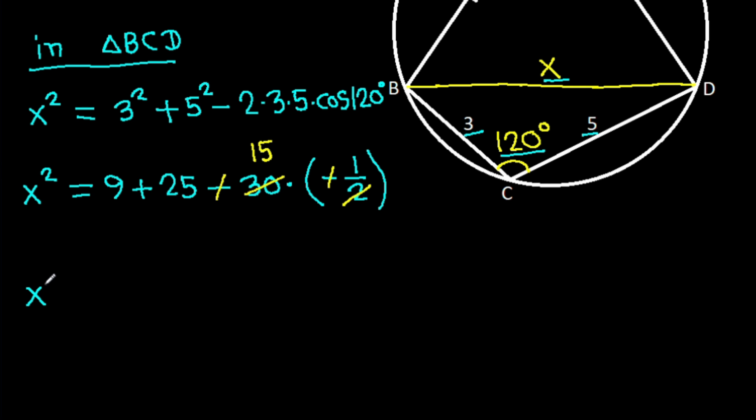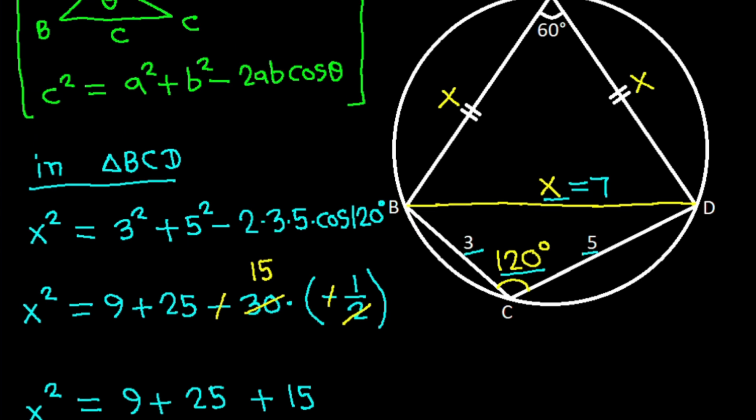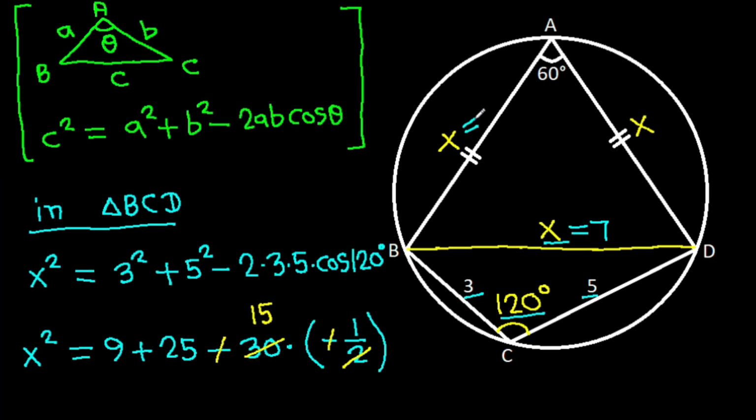So X square is 9 plus 25 plus 15, which is 49. So X will be root 49, that will be 7. So we get X is 7.